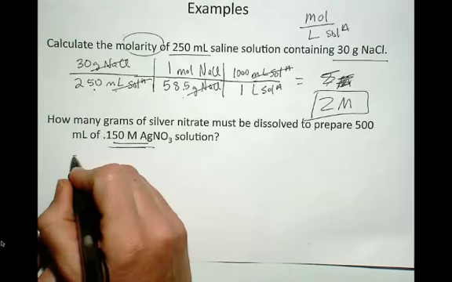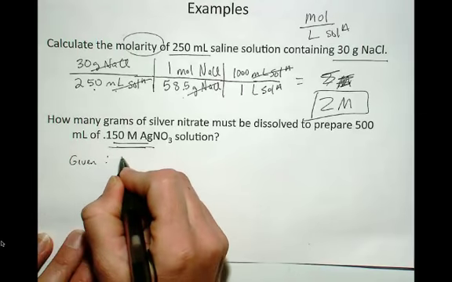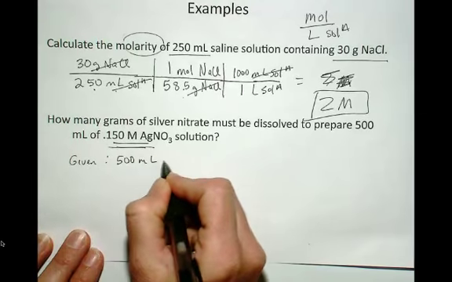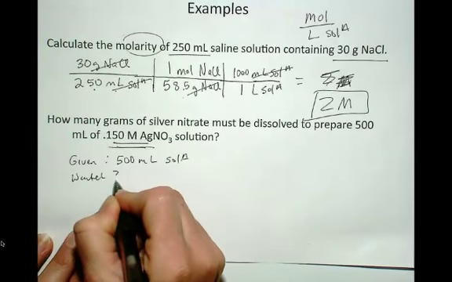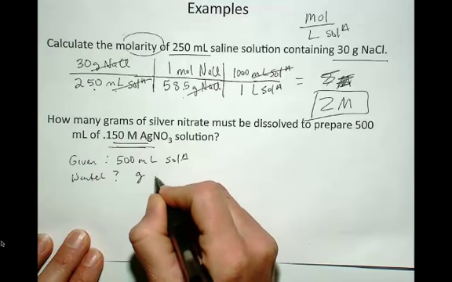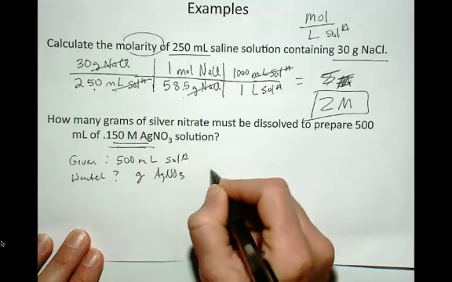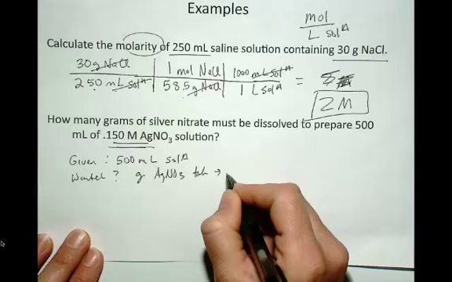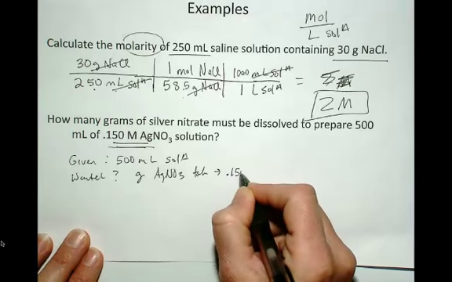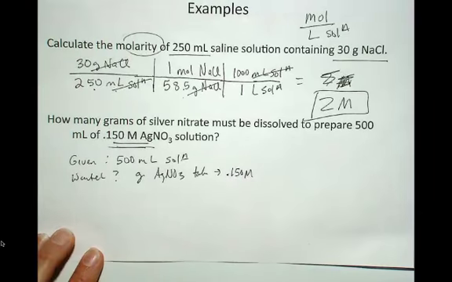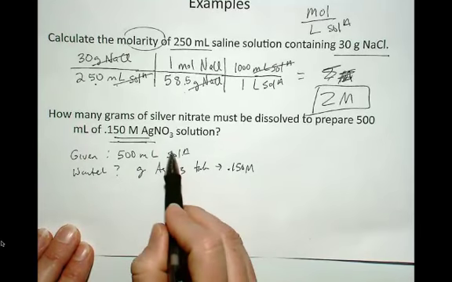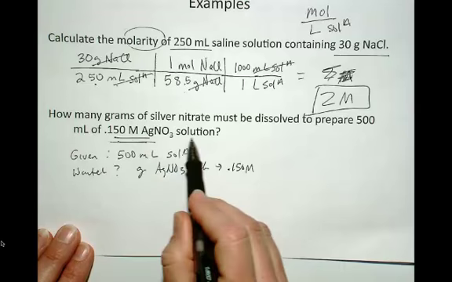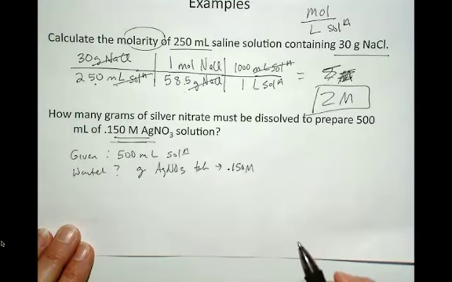All right, so in this case, what's given is the 500 milliliters of solution. And what's wanted is how many grams of the silver nitrate it takes to make that solution 0.150 molar. So the conversion is going to be from milliliters of solution to grams of silver nitrate.